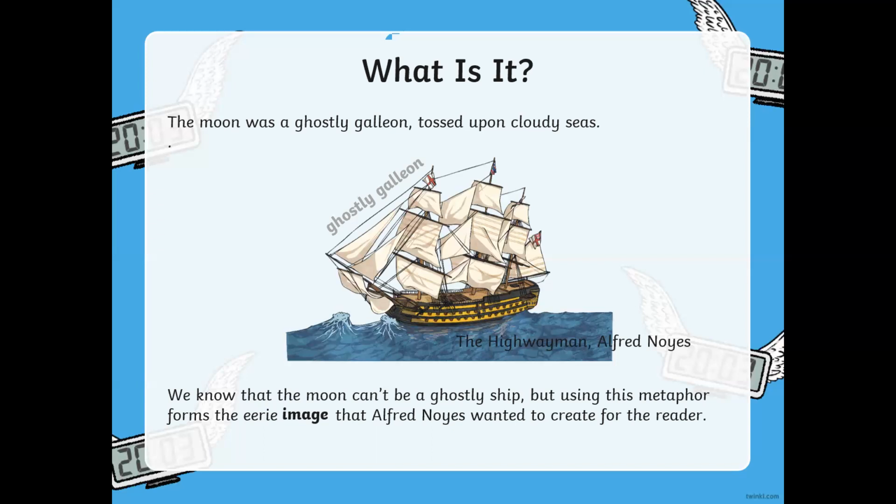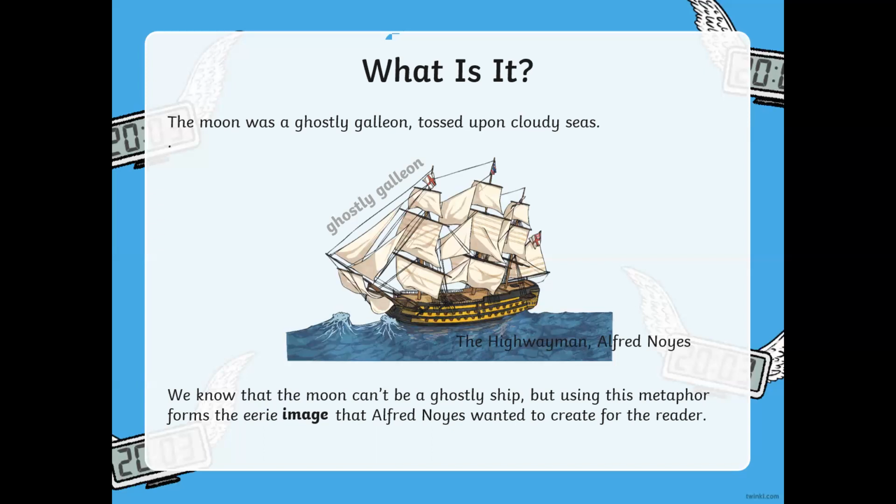So the moon was a ghostly galleon tossed upon cloudy seas. How do we know that this is not a simile, though? It's not using like or as. Very good. So how can we create a simile out of this? You could say the moon was like a ghostly galleon tossed upon cloudy seas.